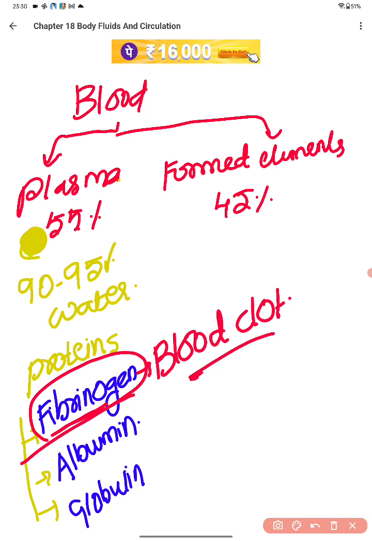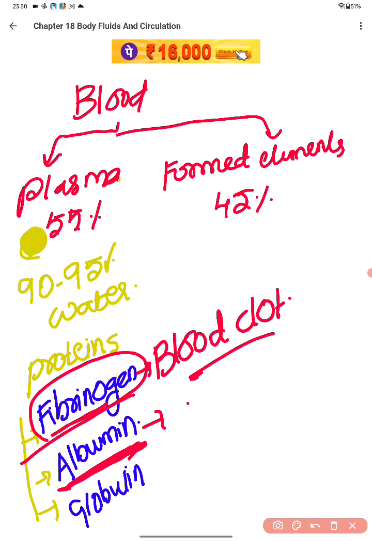Okay, next talking about albumin. Albumin is the protein, and this protein is very important for maintaining your blood homeostasis also. And this albumin helps in your filtration also.